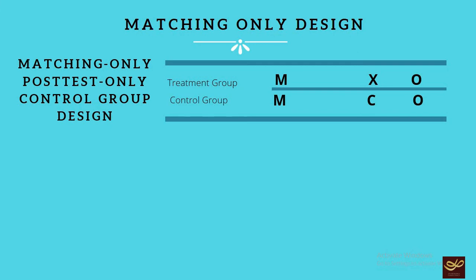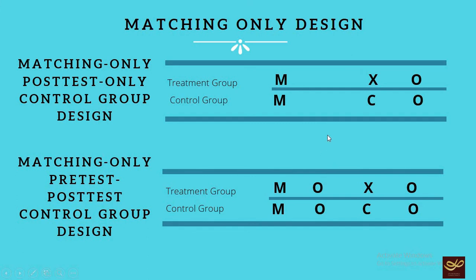So let's try to look at some matching only designs. The first one is matching only, post-test only control group design. So in this design, as you can see, there was only a post-test that was conducted. There was a matching that's been made in intact groups. There was no pretest that was given, and we simply conducted a post-test after the treatment has been provided to our respondents.